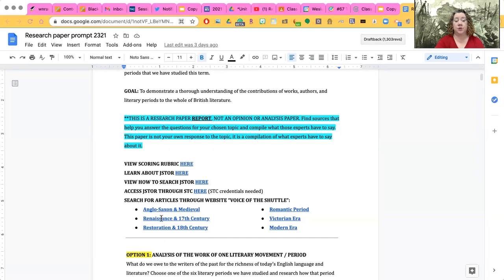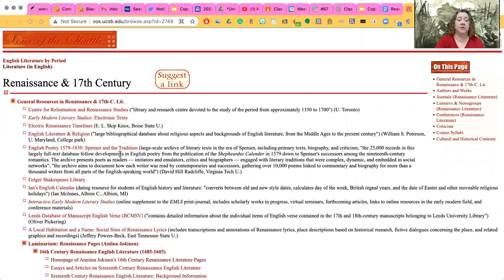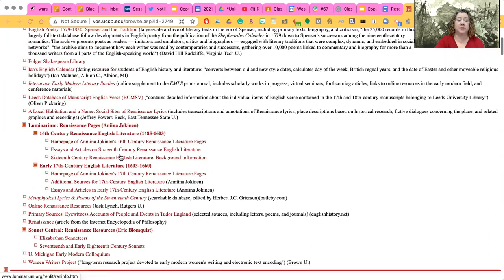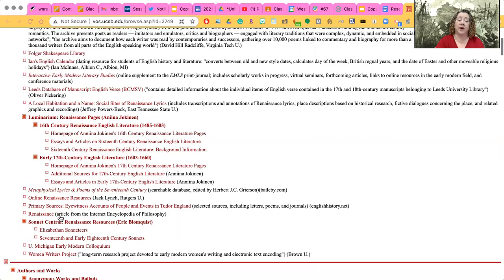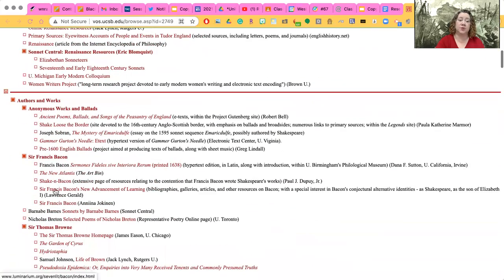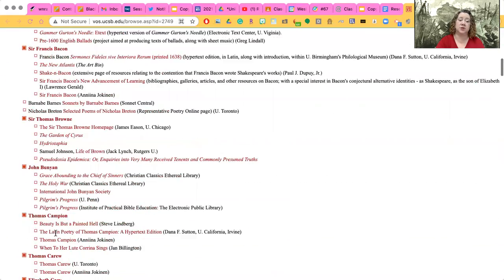So I would go to this link here in Voice of the Shuttle, and you will see that they have tons of websites. These aren't even articles. Some of them are articles, but some of them are other websites where you can go and find scholarly articles. Here's where you have a list of authors. These are all Renaissance and 17th century.